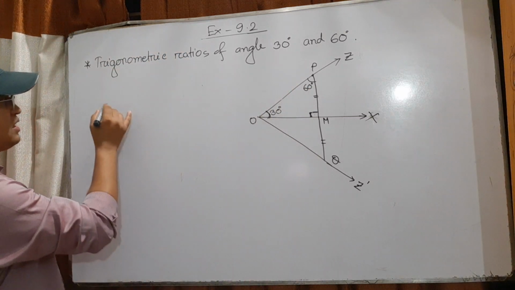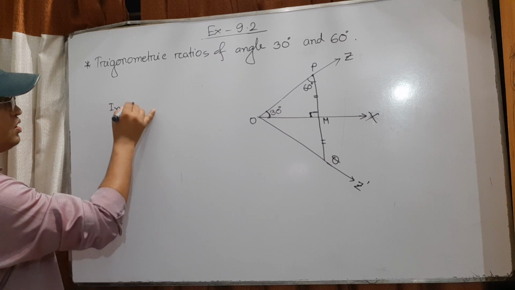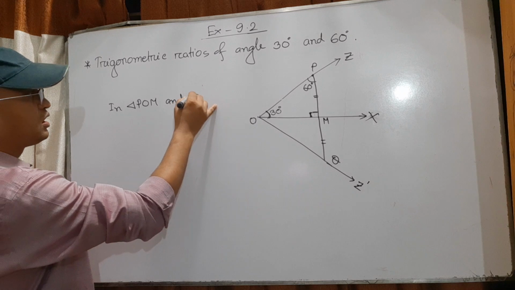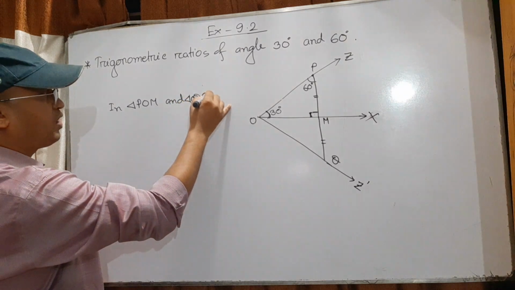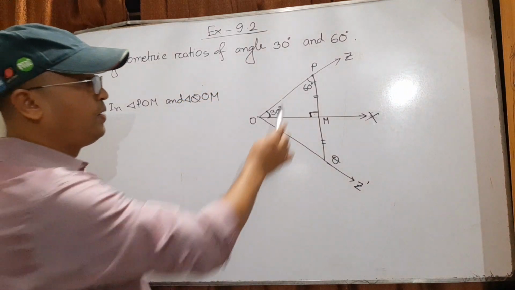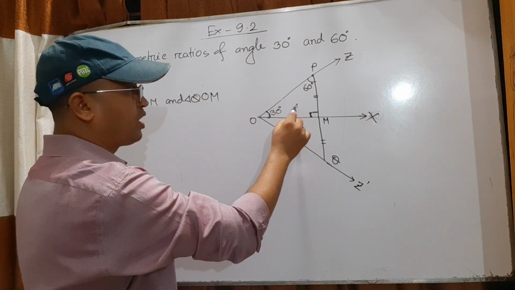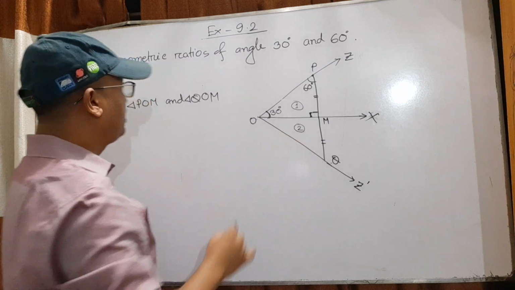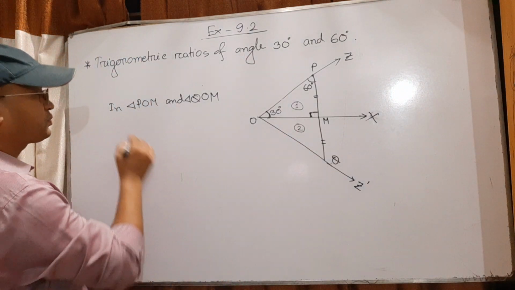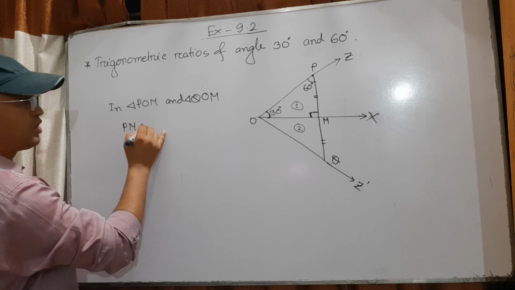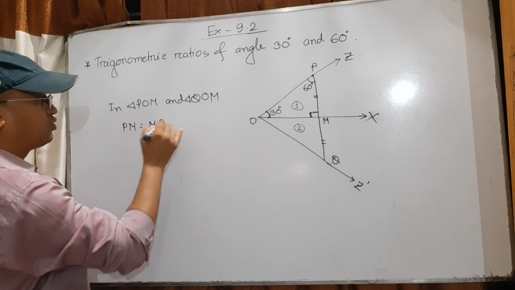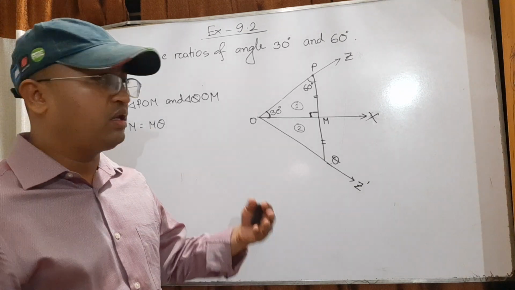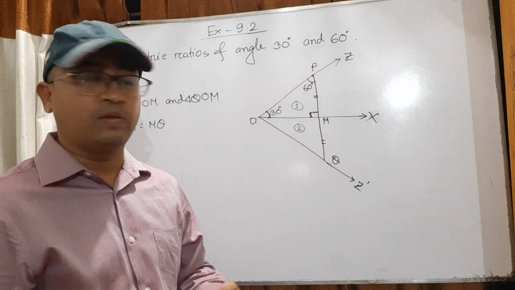Now look at the triangle POM, number 1, and triangle QOM, number 2. In these two triangles, PM equals MQ. Why? Because when we drew it, we drew it equally.